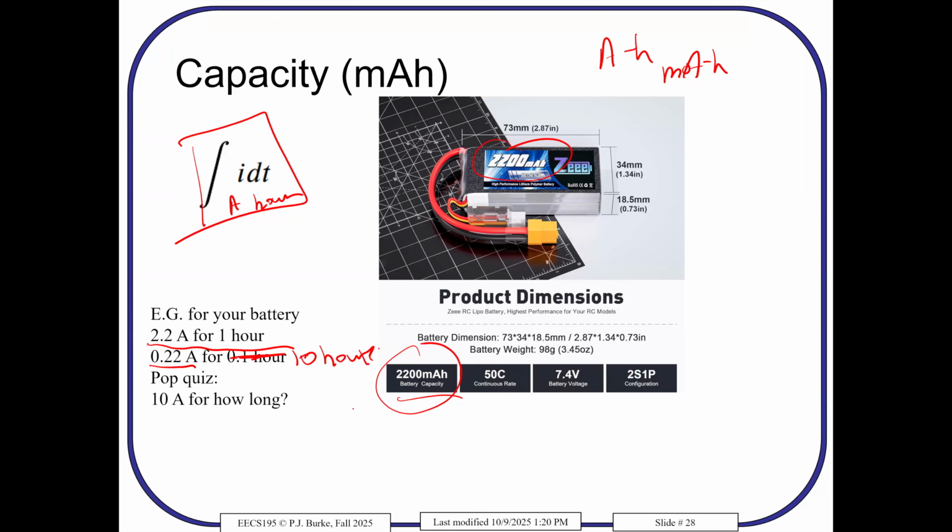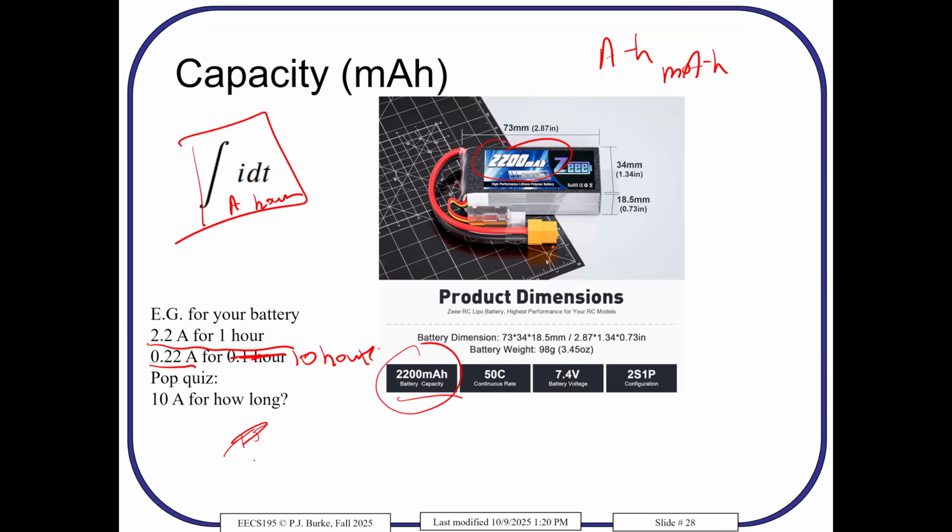So pop quiz, what if you run your battery at 10 amps, how long until you run out? Yeah, so it's something like 15 minutes. But we can do the calculation if you want.